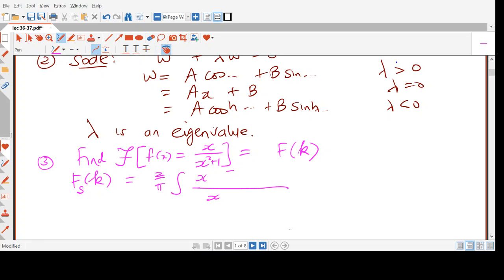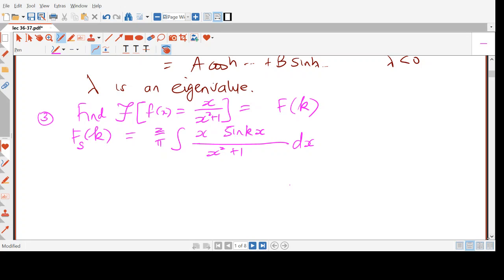Fourier sine transform, so it will be x sine kx, and at the bottom we'll have x squared plus 1 dx. So effectively, we are going to find that Fourier transform from 0 to infinity. In order to achieve that, that's a bit difficult to achieve.